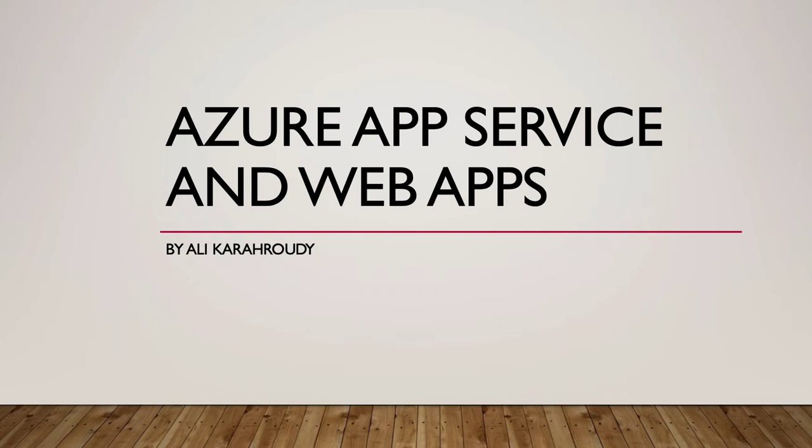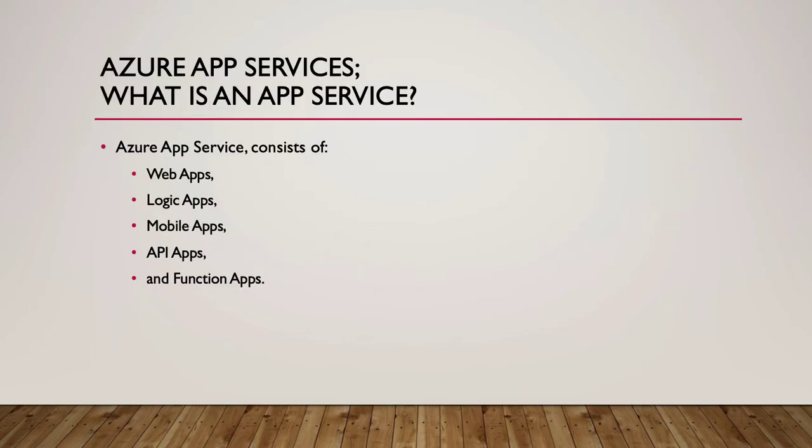and app service plans. So before we talk about web apps, let's talk about app service and the app service plans. The app service is a service that hosts one of the 5 kinds of applications that Microsoft provides.